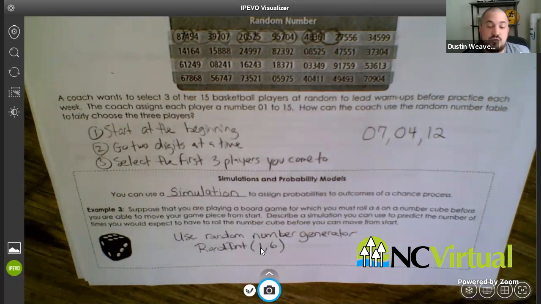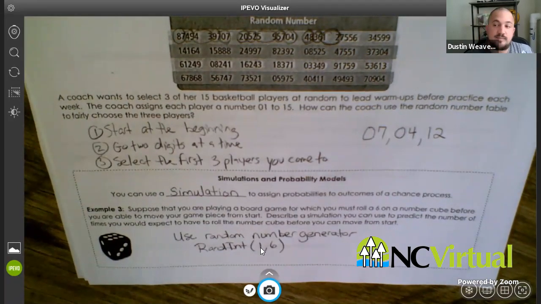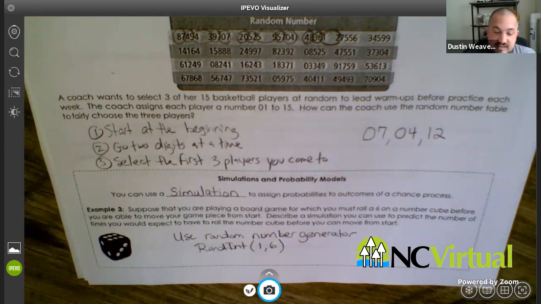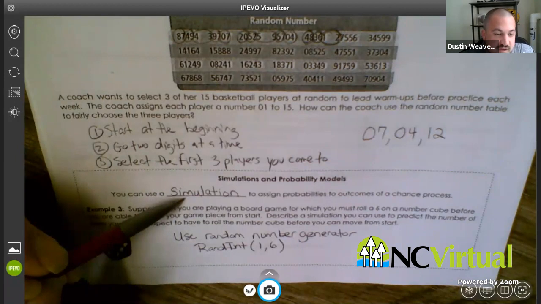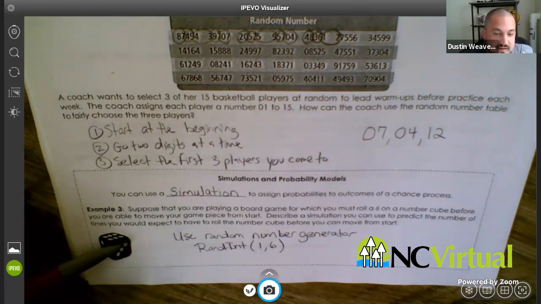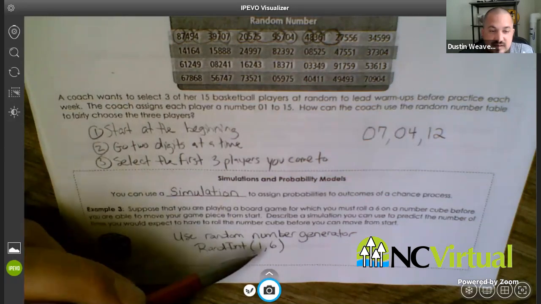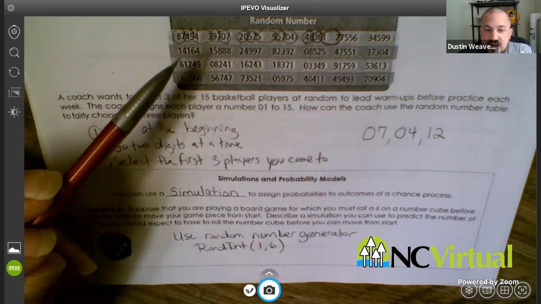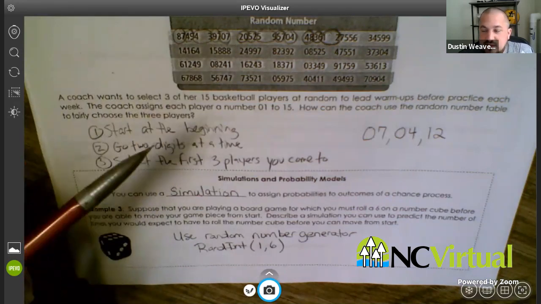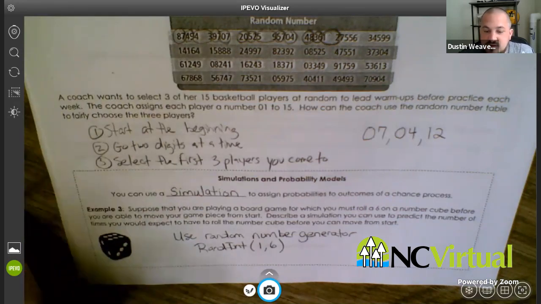If it's 1, 2, 3, 4, or 5, then we don't get to move. If it's a 6, then we do get to move. This is called a simulation because we're not actually using the number cube or the die. We're using the calculator to simulate the process, kind of like we're using a random number table to simulate the process of picking 3 players.